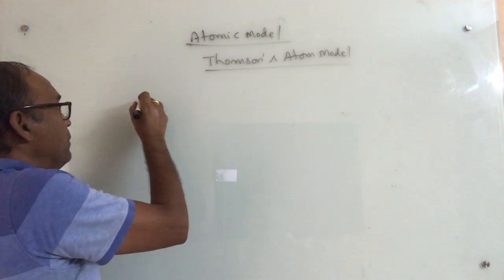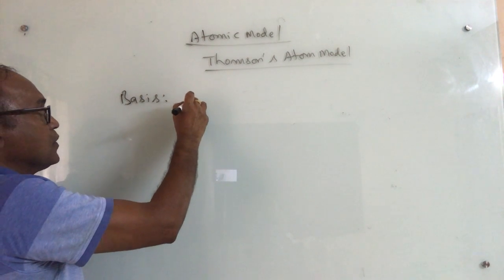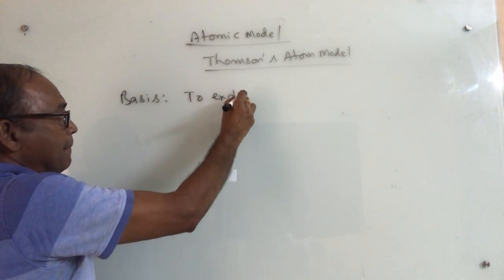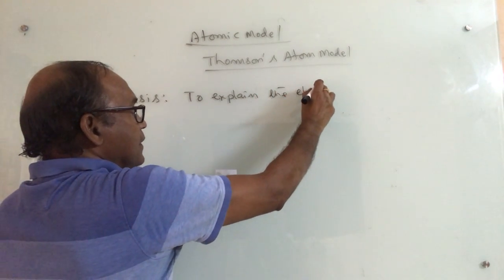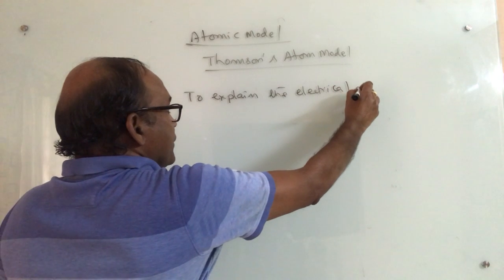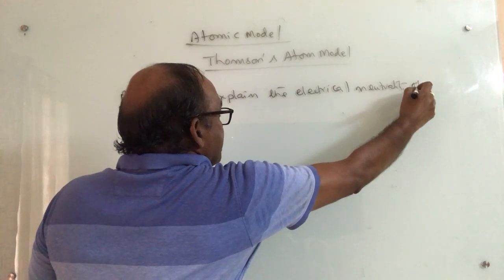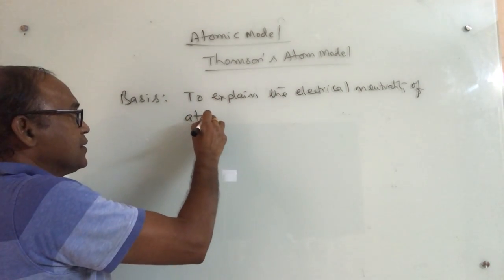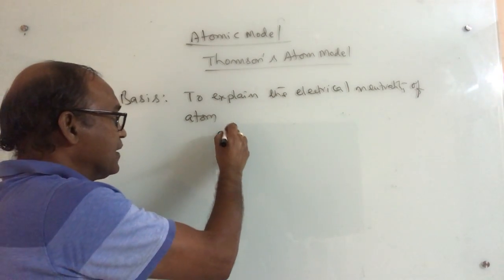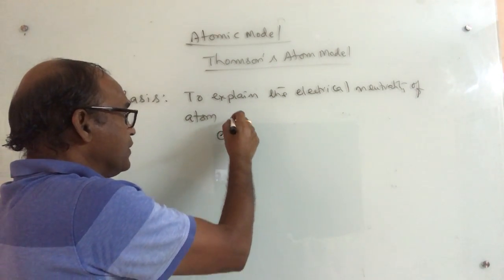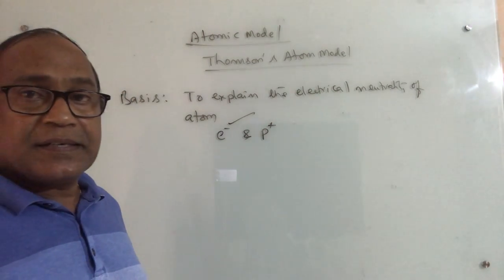The very basis of this proposal is to explain the electrical neutrality of the atom. The atom is electrically neutral, but in it a negatively charged particle like the electron and a positively charged particle like the proton are both present.